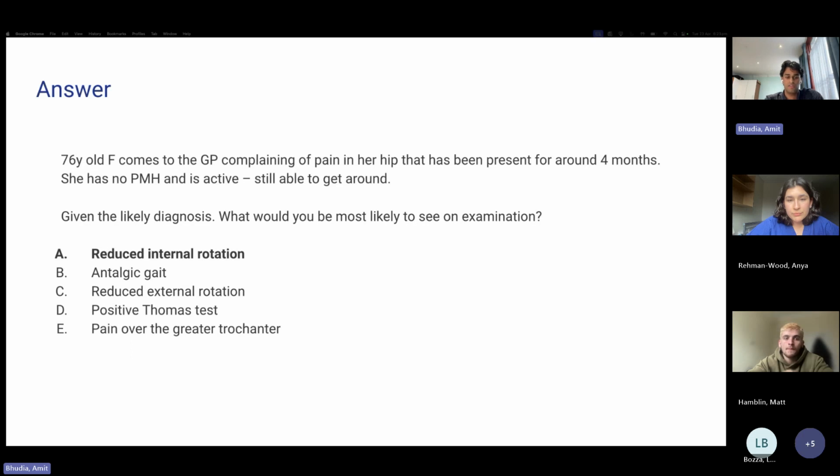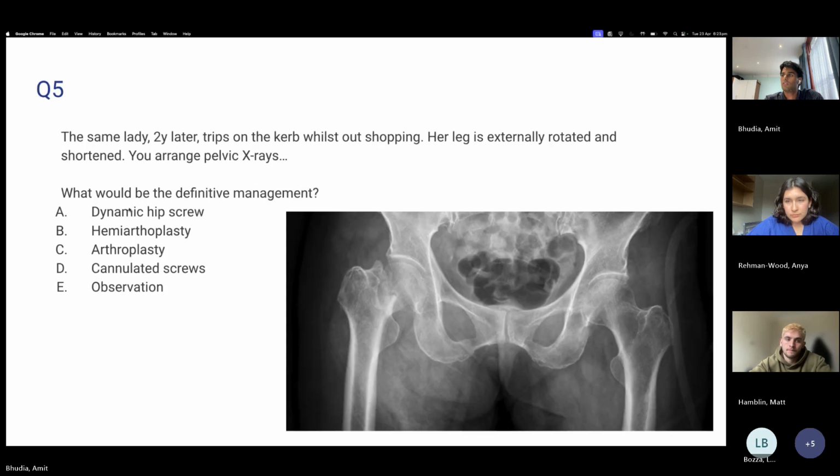and reduced internal rotation is one of the first sort of issues that you get with osteoarthritis of the hip, because the disease is still probably relatively mild, and then as it progresses, you'll get limited abduction and rotation of the hip, and then you'll get issues with flexion, extension, and adduction, and then pain over the greater trochanter.